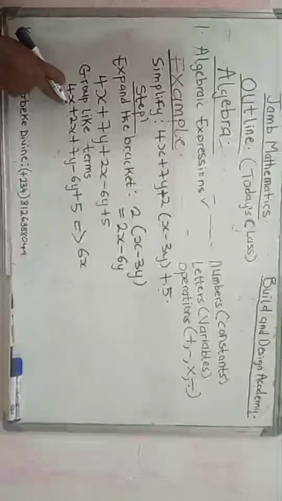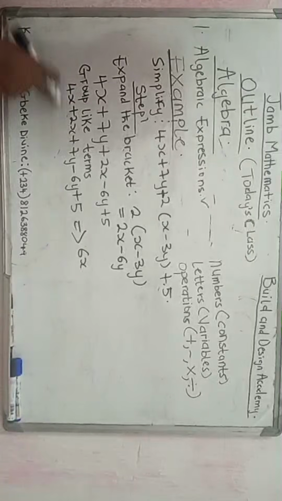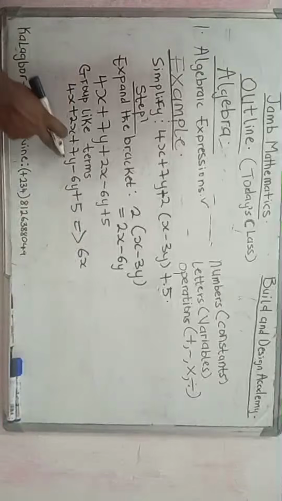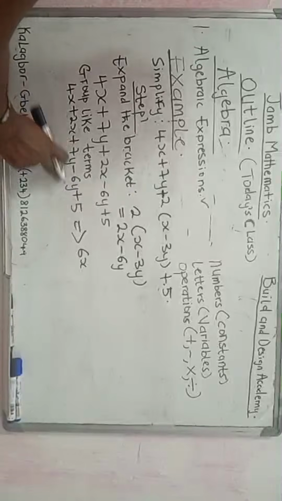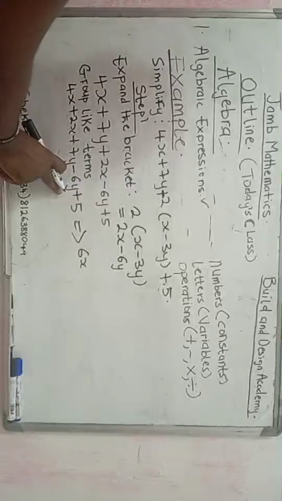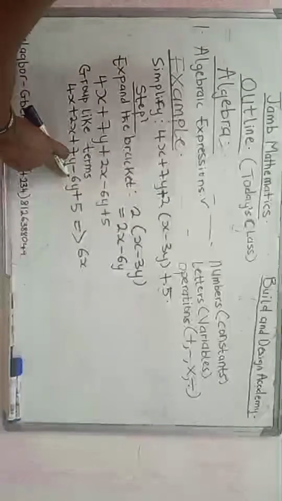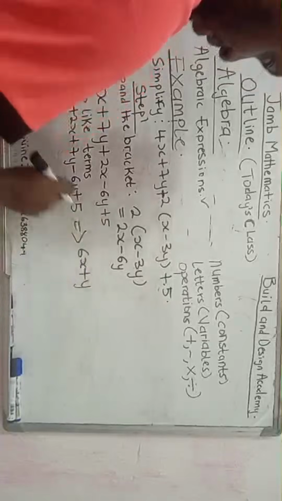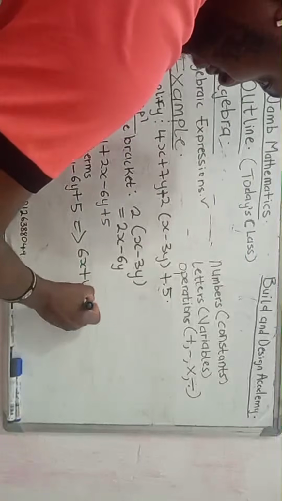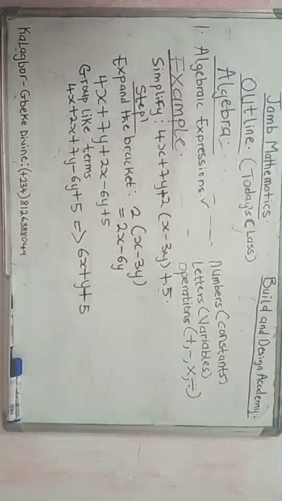The power of x here is 1, and the power of x here is 1, so you can add both to get 6x. Same thing here, 7y minus 6y: they have the same variable, y, and same powers. So plus 7y minus 6y will give us plus y. Then we write our final value here, which is plus 5. So this is how we simplify expressions.